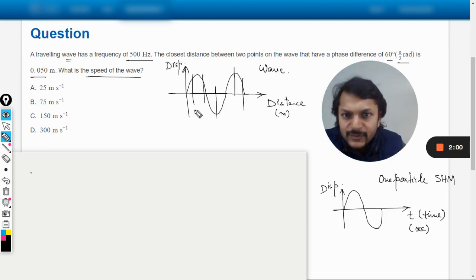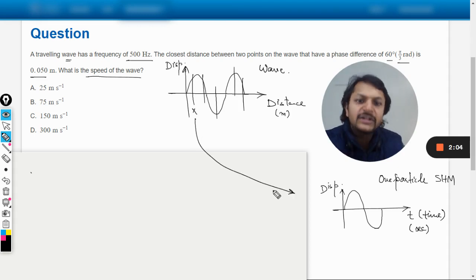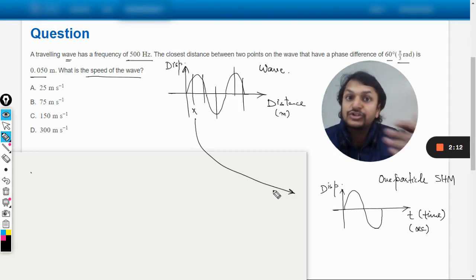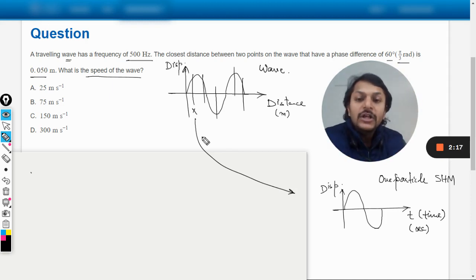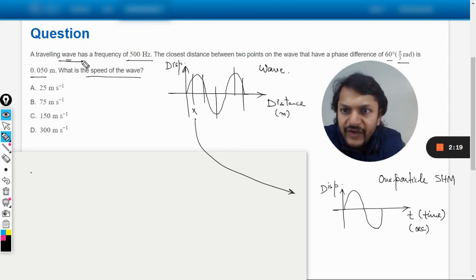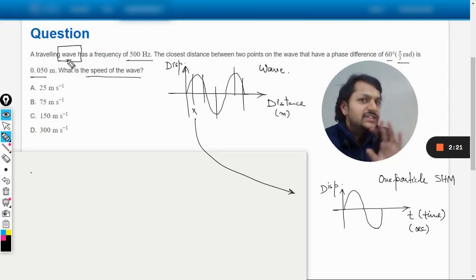Let us say this particle is x. So if we are considering only one particle, the SHM will be depicted like this. So first of all, we must know how to differentiate the graphs. This is how the wave is drawn, and this is how the simple harmonic motion is shown for one particular particle. Now they are talking about the wave, and they are not confusing this question with simple harmonic motion. So the first level is crossed.